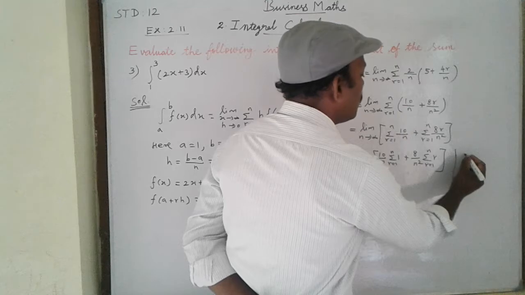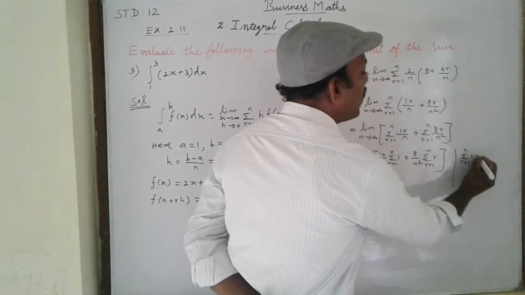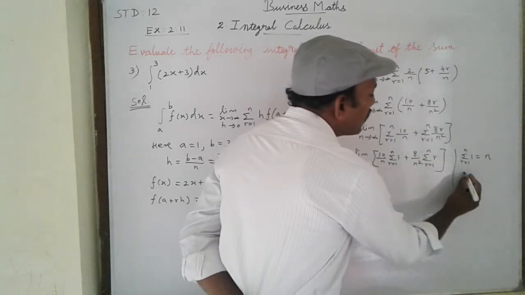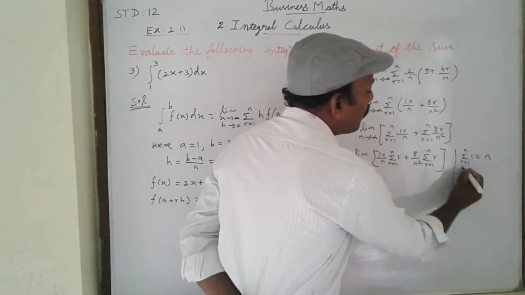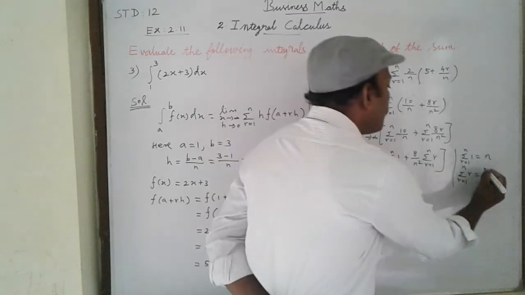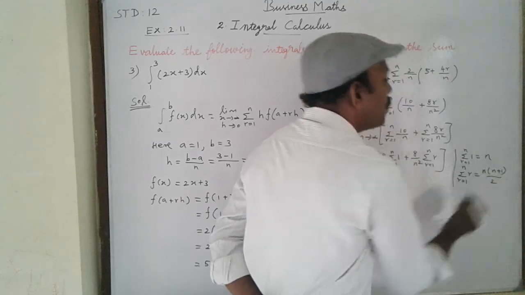We know the value: sigma r equal to 1 to n, 1 is n. Next, sigma r equal to 1 to n, r is n into n plus 1 divided by 2.